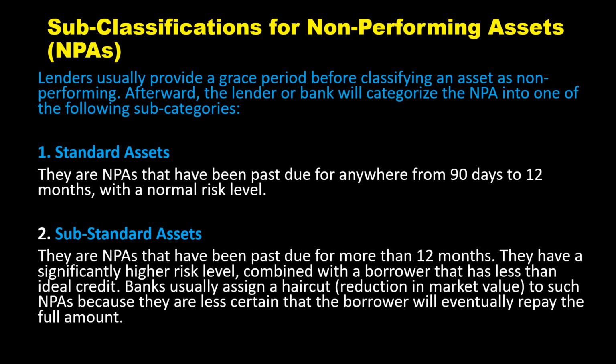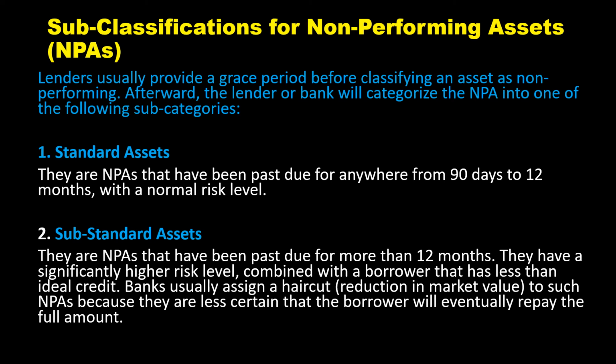Then I also explained these sub-classifications of non-performing assets. There are standard assets, substandard assets, and loss assets and doubtful assets. Standard asset means any loan where interest or principal amount is overdue for 90 days or more than 90 days.